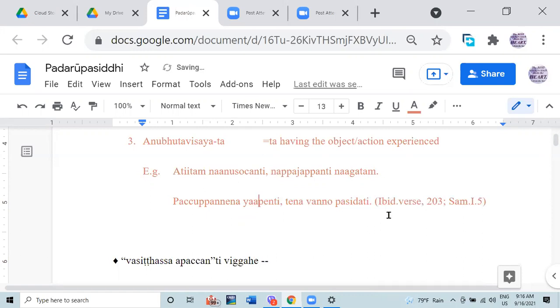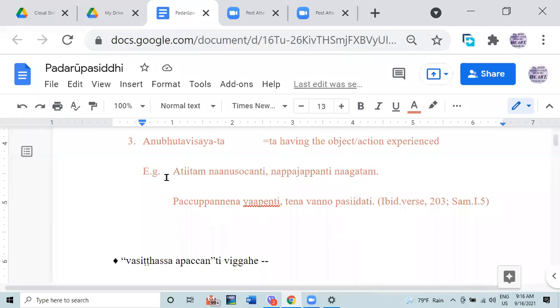The very famous verse. Tena vanno pasidati. This is like a wine. His complexion, his skin color, is clean and bright.